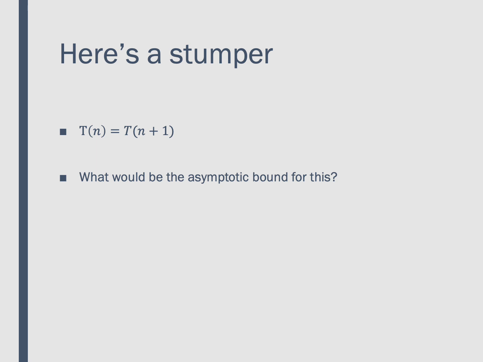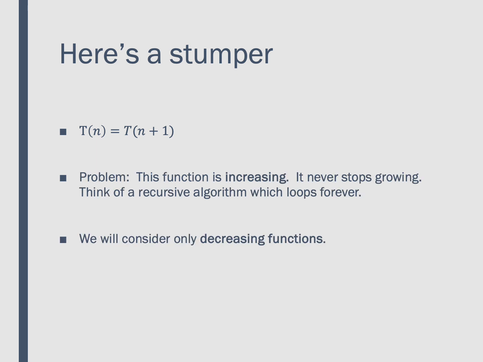So what does this mean? In practical terms, this recurrence suggests that solving T(n) requires solving T(n + 1), which in turn requires solving T(n + 2), and so on.